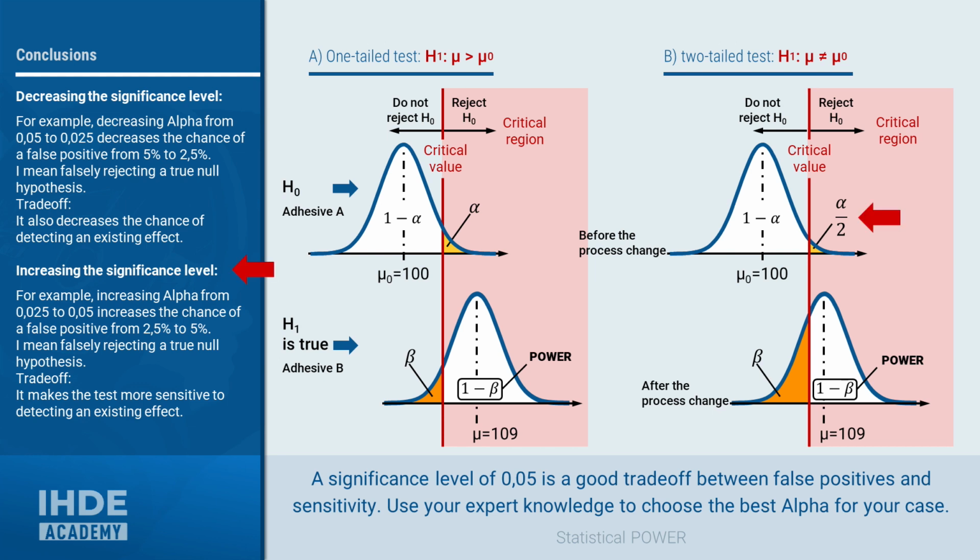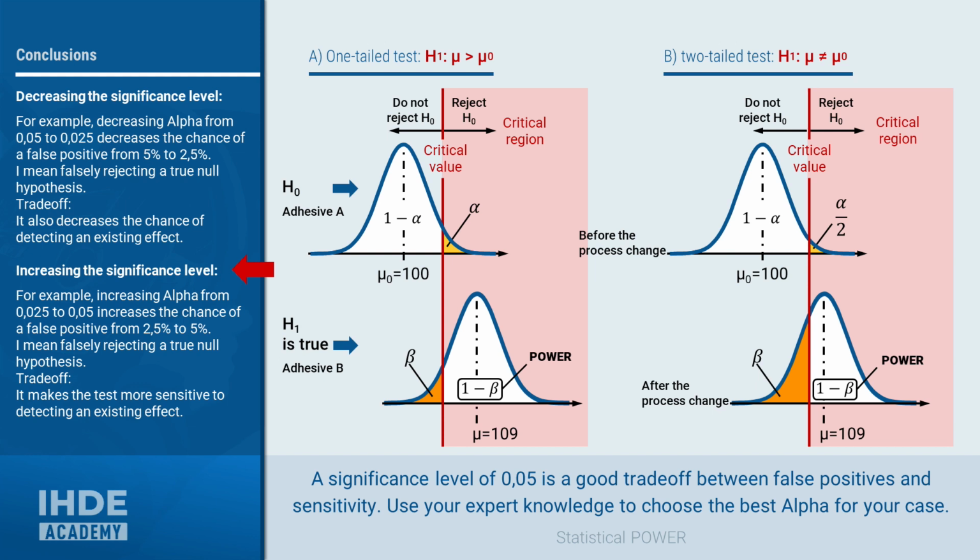Conversely, suppose the error probability alpha increases in a hypothesis test from 0.025 to 0.05. In that case, this means that the critical region for rejecting the null hypothesis becomes wider, that is, larger. This makes it easier to reject the null hypothesis because more cases can be identified as significant.